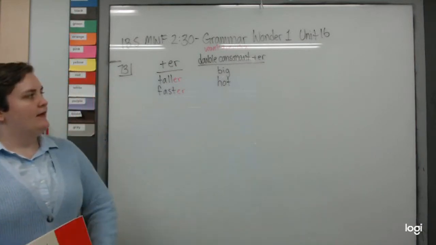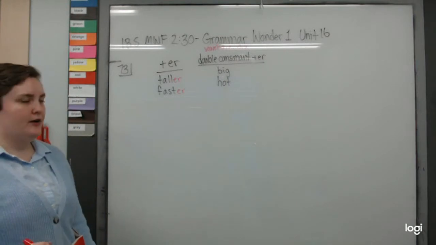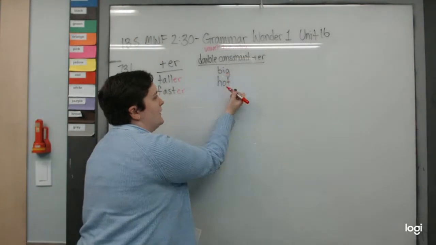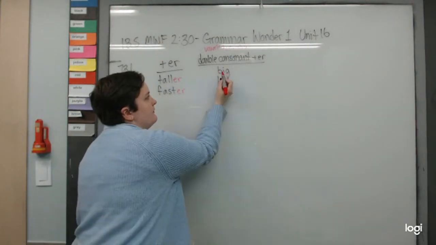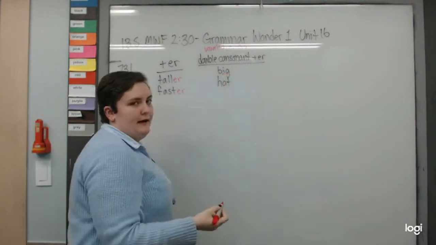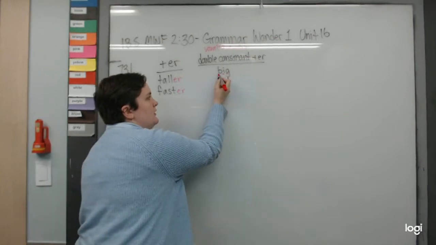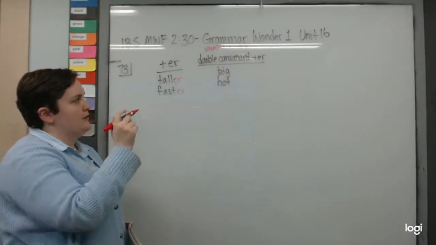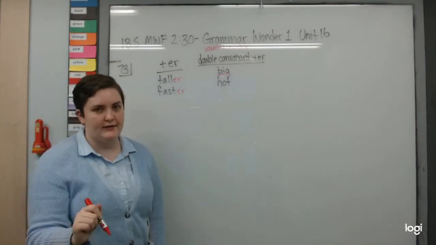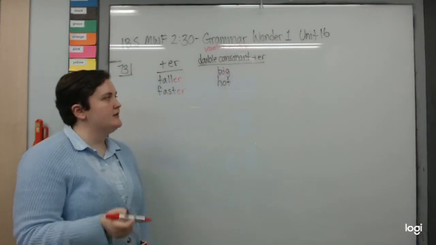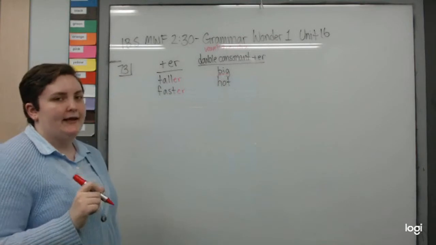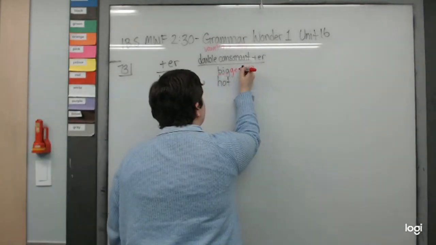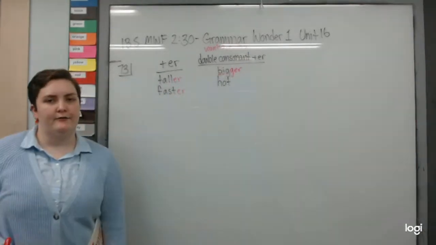So, if our word has at the end one consonant and one vowel and one consonant, if it goes consonant, vowel, consonant for the very end, that's when we add another. So that's when we add G-E-R for bigger.